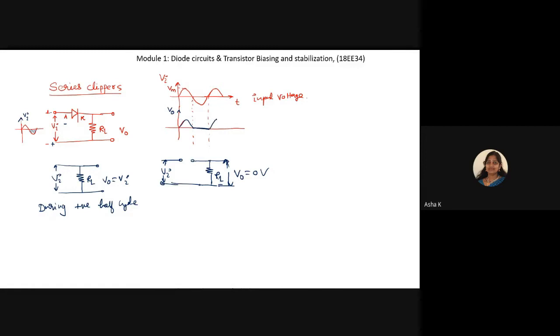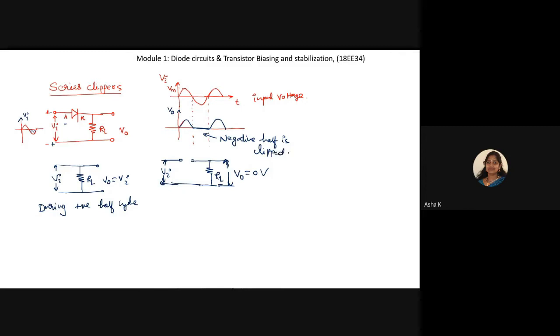Again, during the positive half cycle, V output is equal to V input. So with the help of the series clipper circuit, the negative half of the input cycle is clipped off.